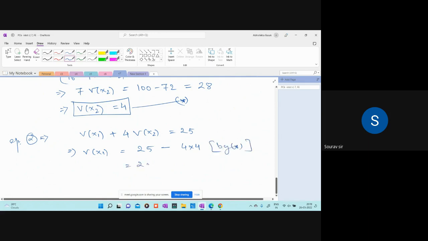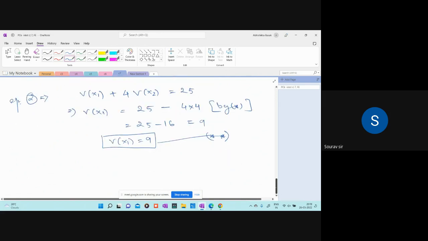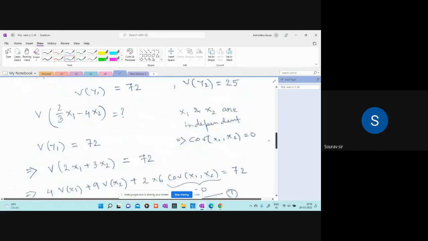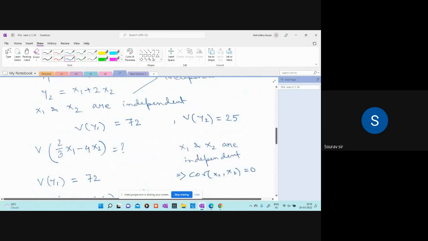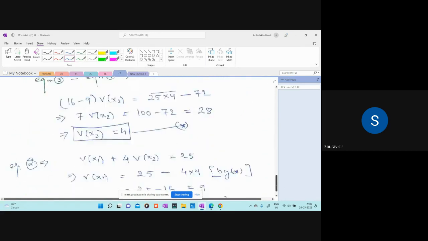That is 25 minus 16, which equals 9. So variance of X1 equals 9. So I have obtained variance of X1 and variance of X2. Now I need to obtain the variance of 2 by 3 X1 minus 4 X2.